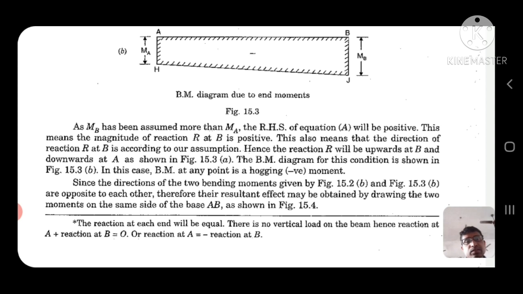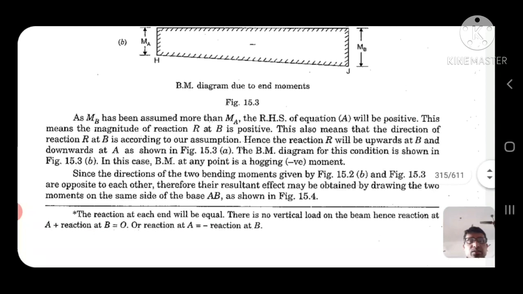This also means that the direction of reaction R at A and B is according to our assumption. Hence, reaction R will be upward at B and downward at A. The bending moment diagram for this condition is shown in the figure.